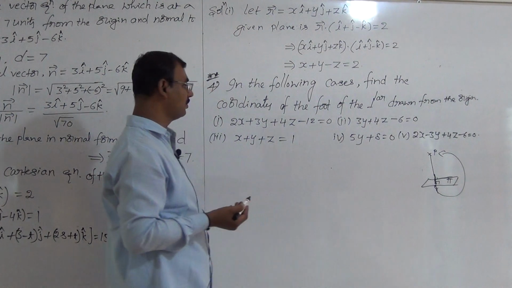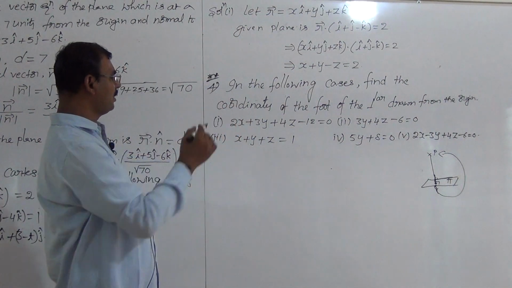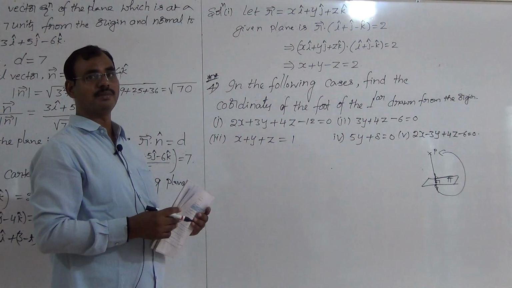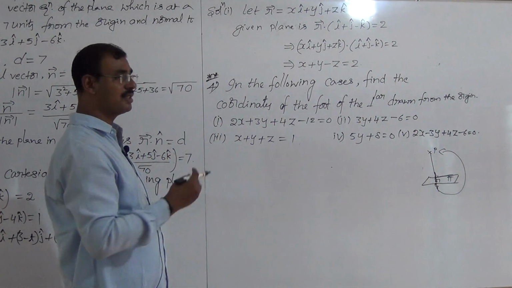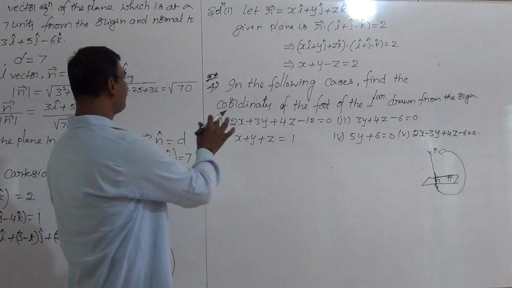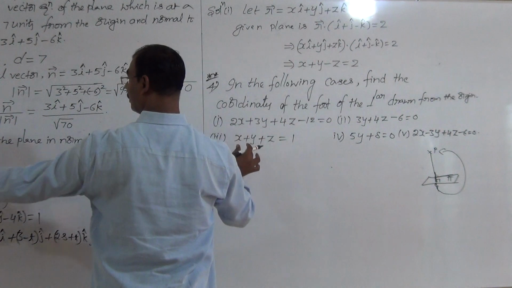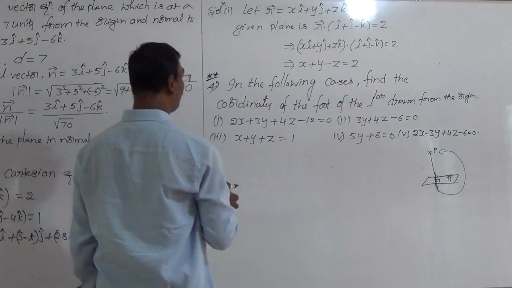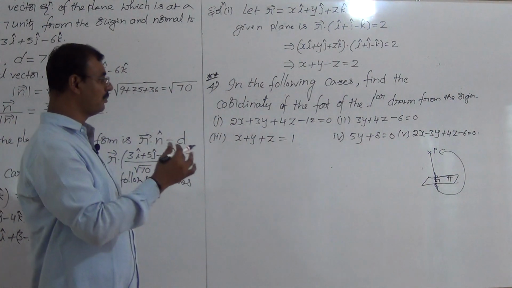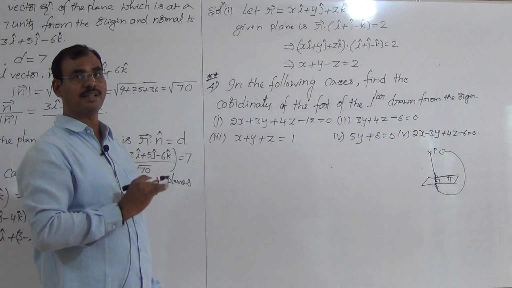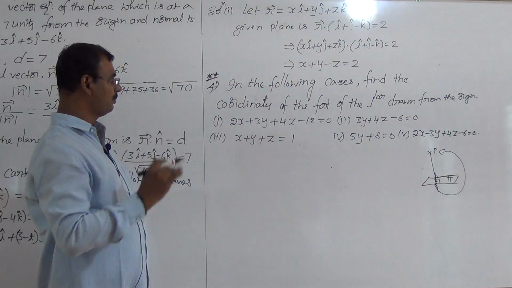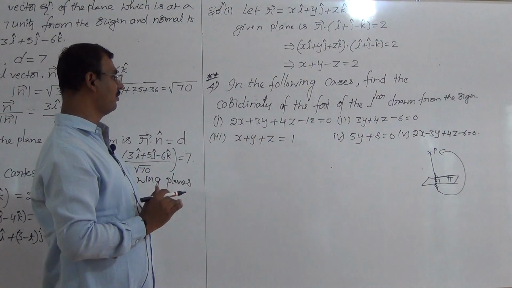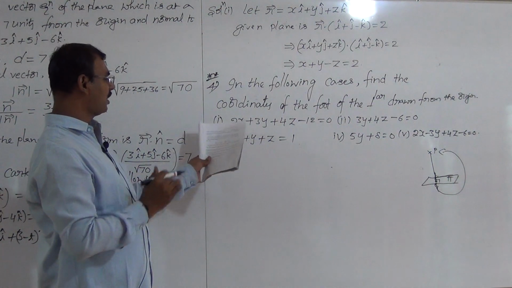How to solve these questions? Instead of doing it the theory way, I will show a shortcut method. Always convert into the normal form of a plane equation. This is the easy method. We have 3-4 methods, but I do not follow those. You should follow the easy, convenient method. The textbook also gives one method.